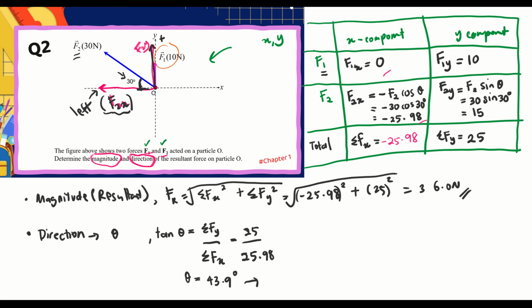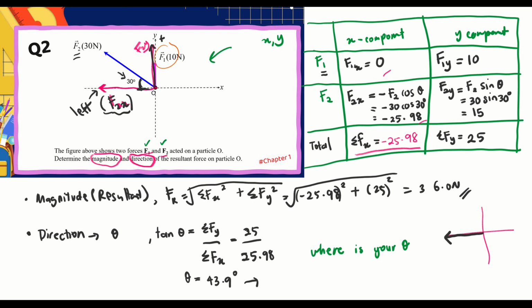Please remember, we need to state where your theta is. How to know the position of your angle? It depends on this total value, class. For x-axis, it is negative, so it is to the left.